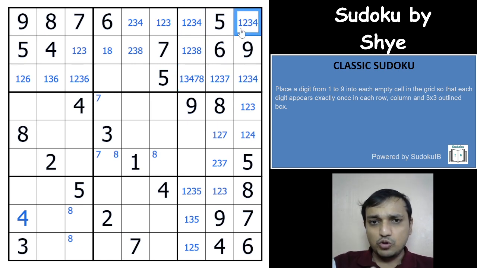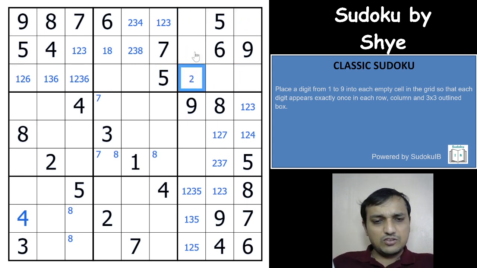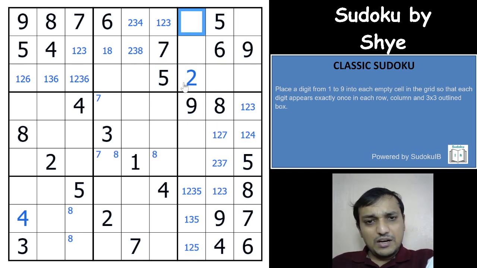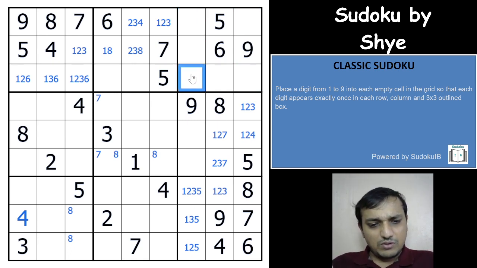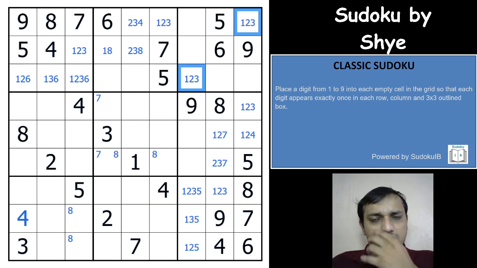Let me show you using an example here. I'll remove these cells. Let us assume you have anything of 1 2 and 3 here. Second 1 2 and 3 would have to be here. Where would the third 1 2 and 3 be? Can it be here?